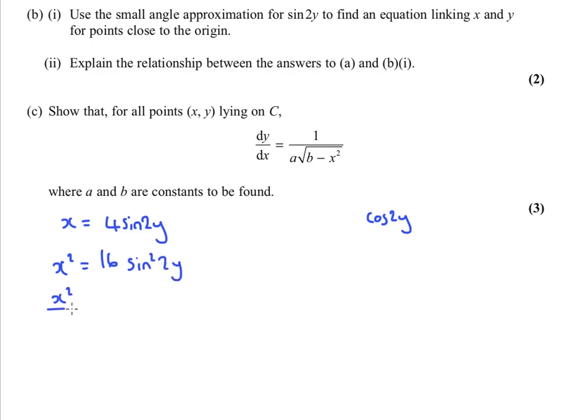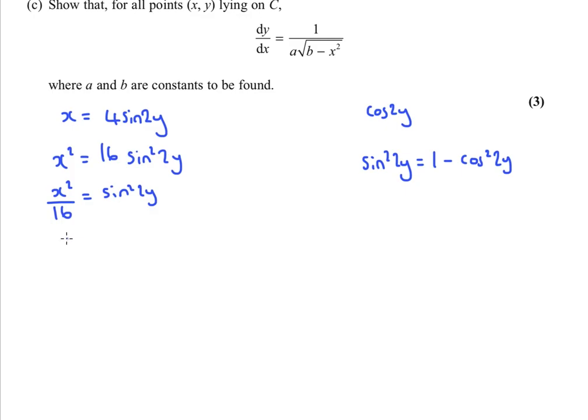If I divide by the 16, I've got what sine squared 2y is equal to. Now I know that sine squared 2y will equal 1 minus cos squared 2y.